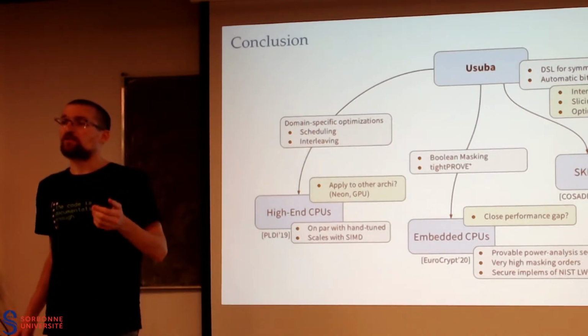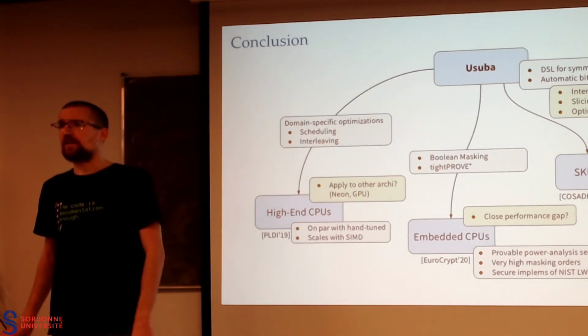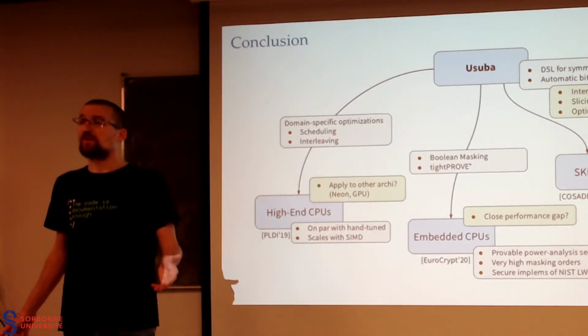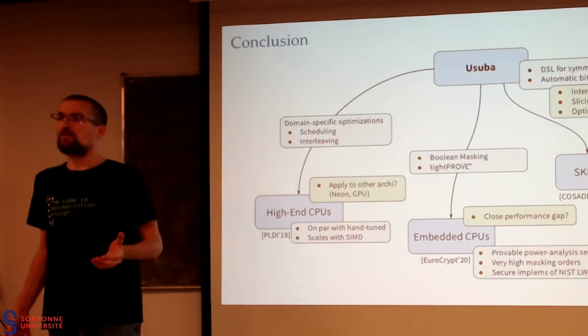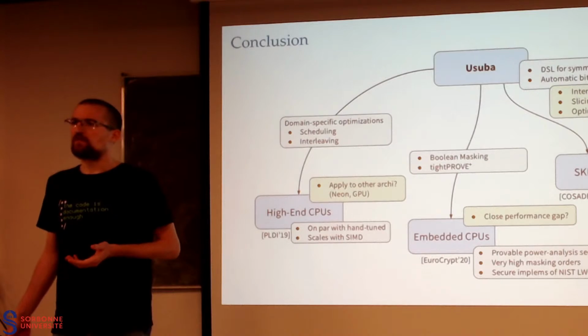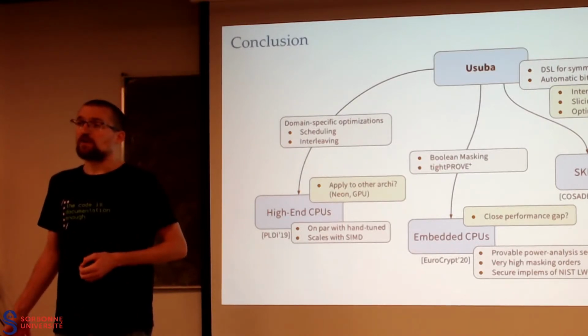Our scheduling algorithm is actually not efficient. Interleaving, however, I don't see any conflict. And for the scheduling, once again, the issue is that since we perform scheduling at the level of the C, the C compiler is always free to completely ignore what we did and to completely undo that optimization.